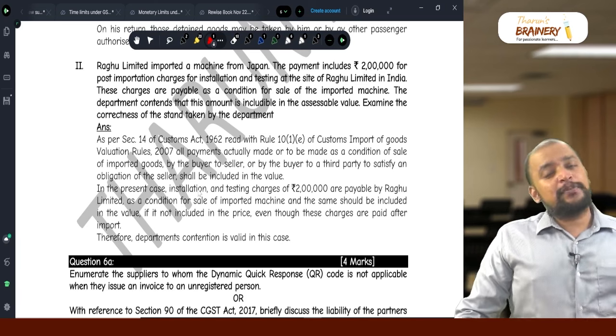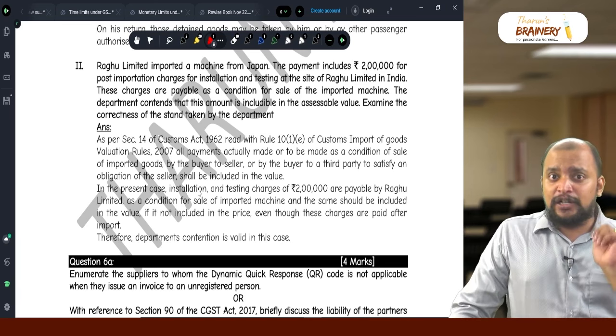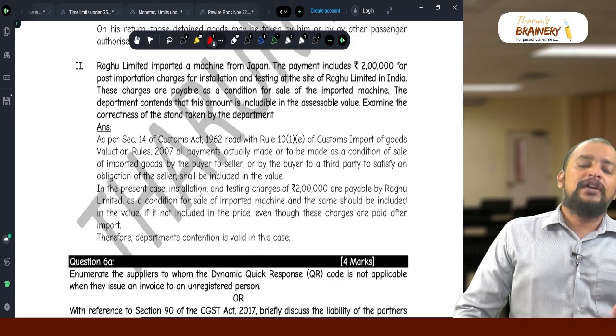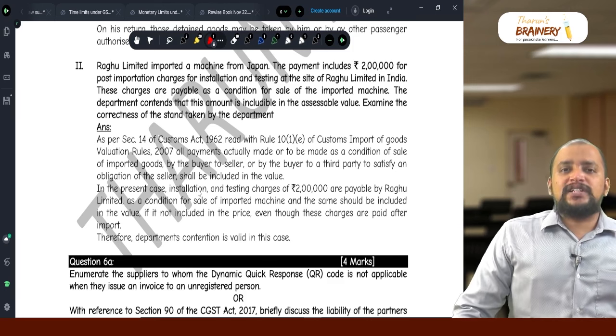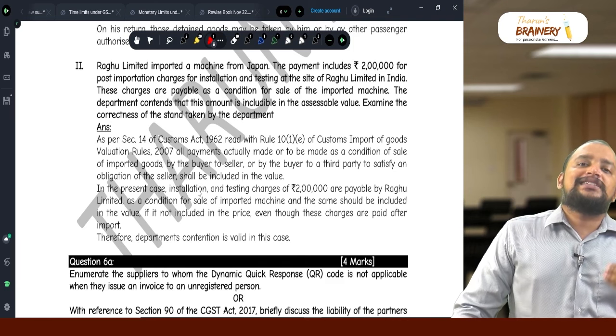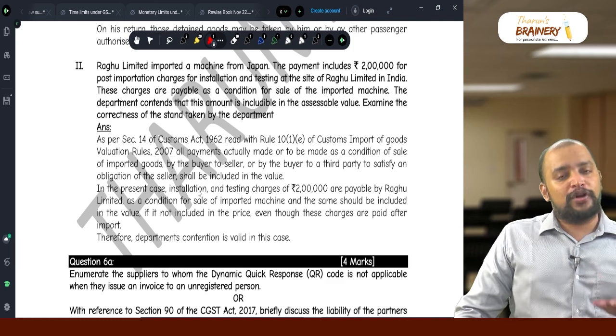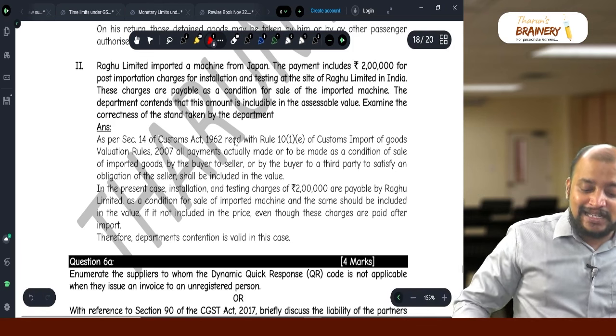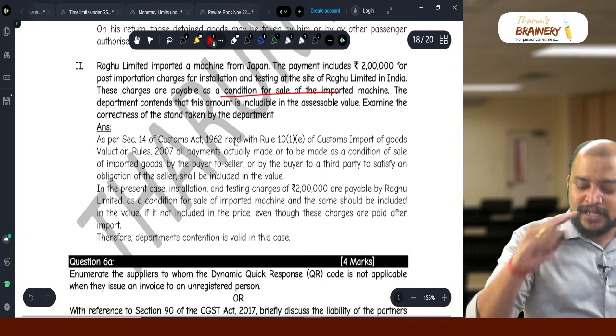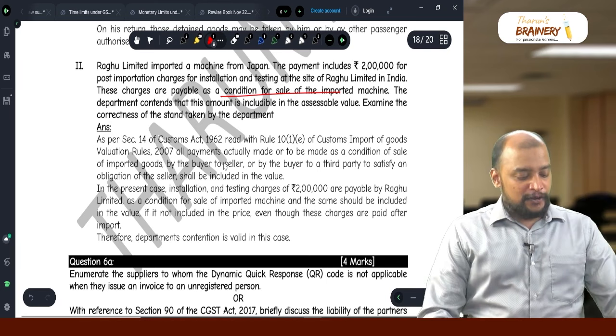Yes, post importation charges will definitely be included in the value as per rule 10 sub rule 1 clause E, because any expenses which are paid by the importer as a condition of sale of imported goods should be included in the value, even though it is a post importation. As it is a condition for sale of imported goods, this 2 lakh should be included in the value.